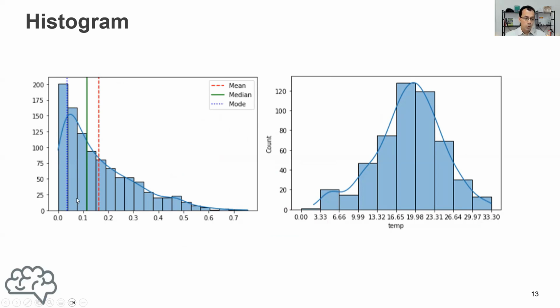In this distribution, what we can observe is that I am dividing the variable into bins of equal width, and I am counting the number of objects that I have within each bin. Right, so here I have approximately 200 objects in this bin. Then in the second bin that goes from here to here, I have approximately 165, I would say.